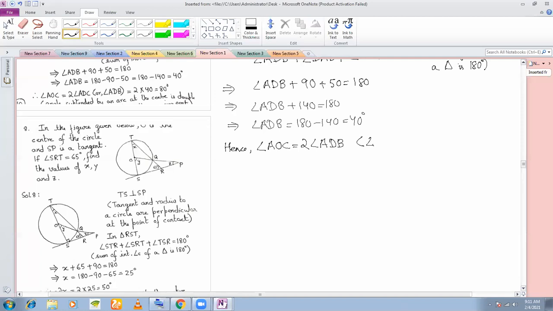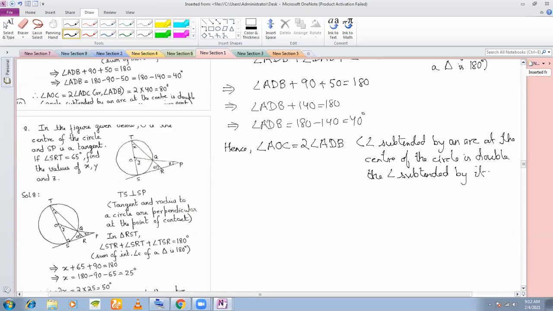And the reason is angle subtended by an arc at the center of the circle is double the angle subtended by it on the remaining part of the circle.